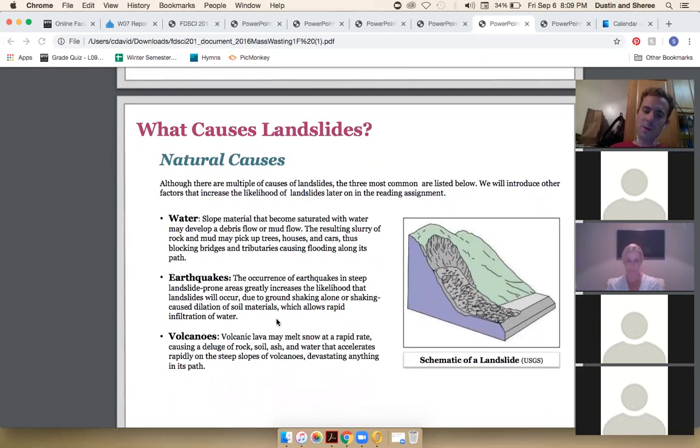Volcanoes can also do it. I don't know if you remember Mount St. Helens, but there was a big landslide associated with it as well. The volcanic lava can melt snow at rapid rates, causing a bunch of rocks to come down. And if you remember, as it melts snow and glacial ice and comes down the mountain picking up debris, what's that called? You guys remember?